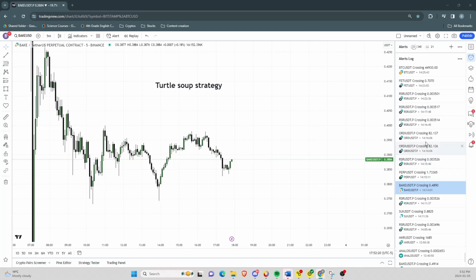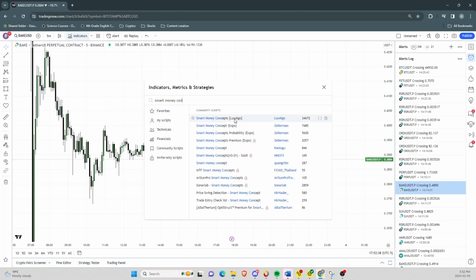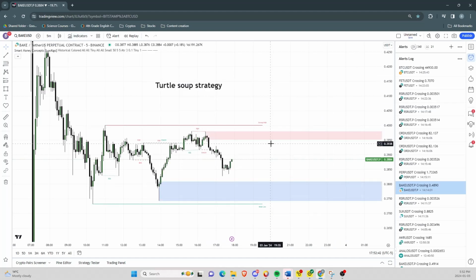Okay. Coming back to this, you have to understand all of those concepts. That's when you'll be able to grasp what I'm telling you. So then go to the smart money concepts indicator. This indicator is pretty good for you to see where the support and resistance are.